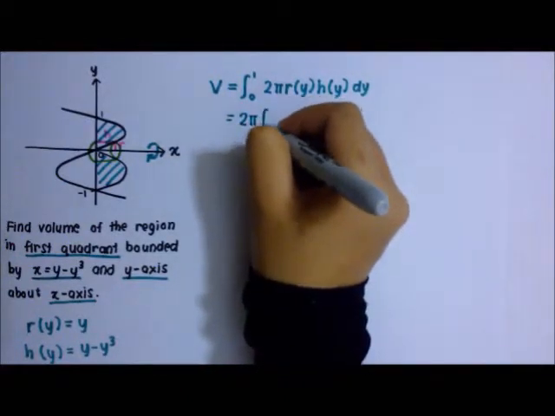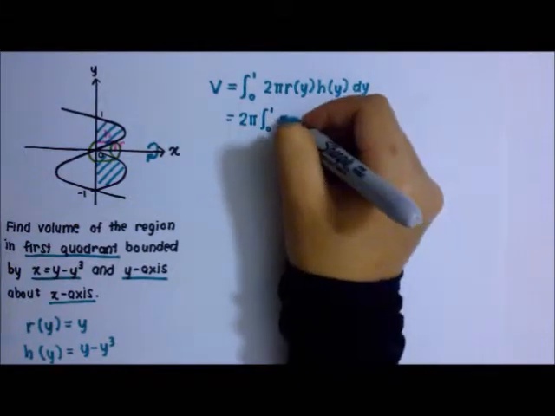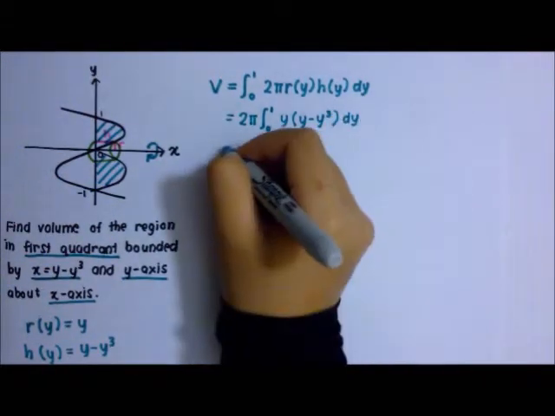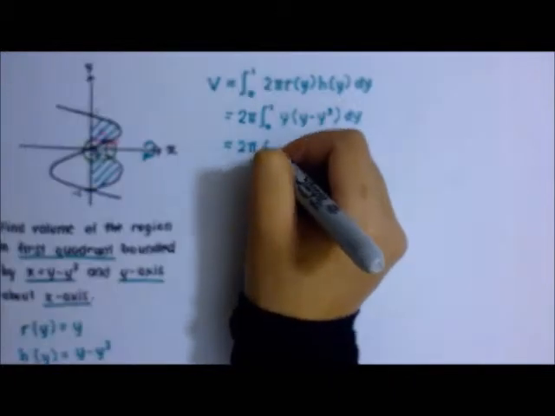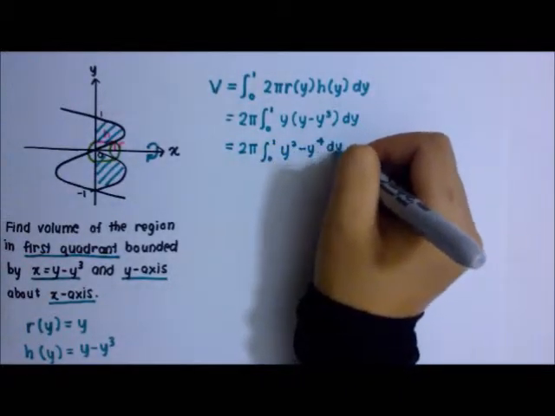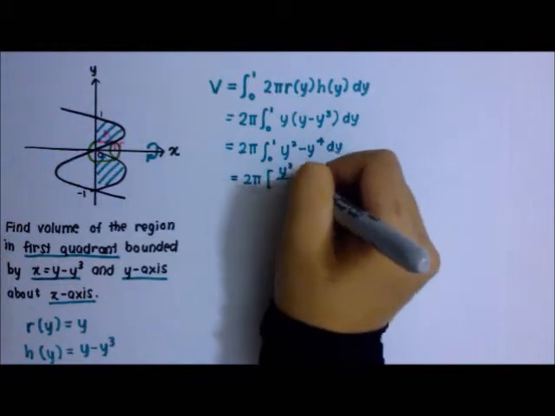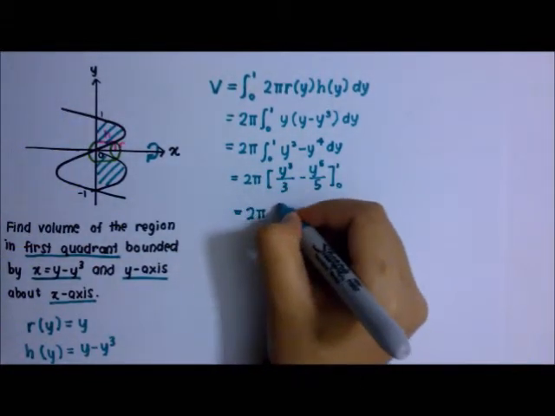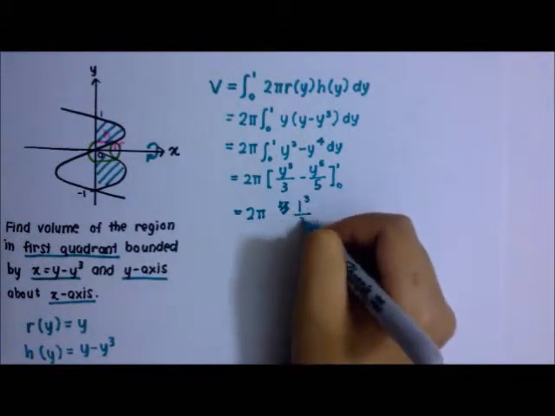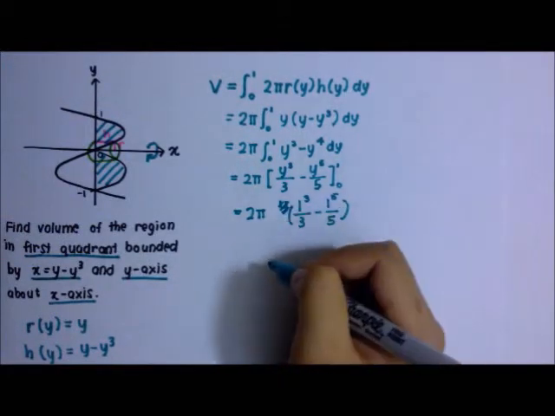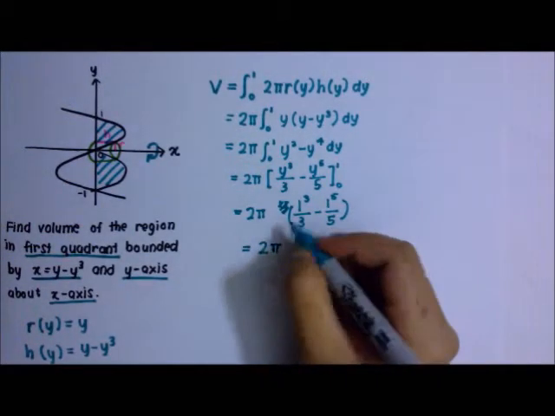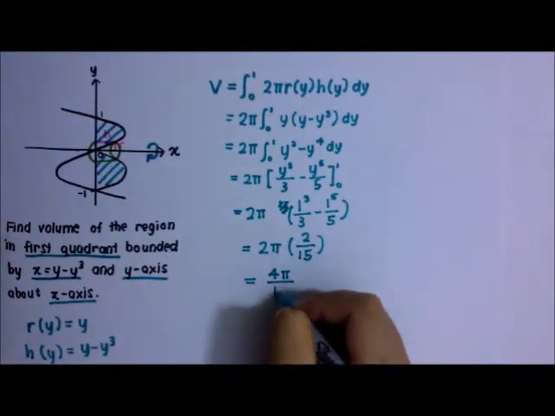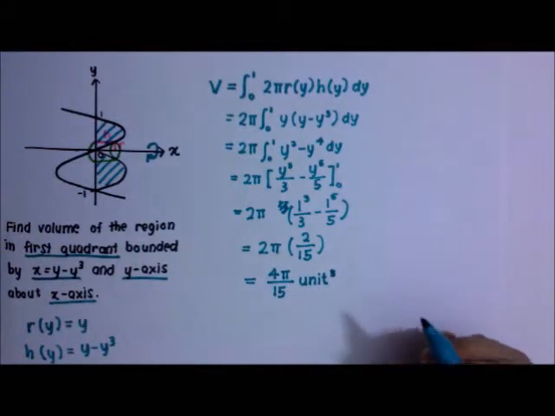So to find the volume, we integrate from 0 to 1, 2 pi y times (y minus y cubed). Integrating, we'll find out that the volume of the region bounded is 4 over 15 pi unit cube.